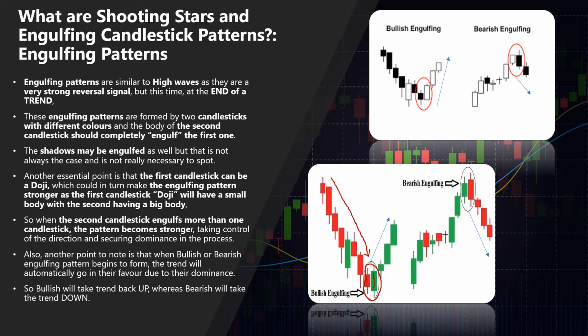And at the top of the trend, which is the end of an uptrend, an engulfing pattern appears here. This time the bearish candle is bigger than the bull candle, which is green. So that shows the market direction is about to change to a downtrend.